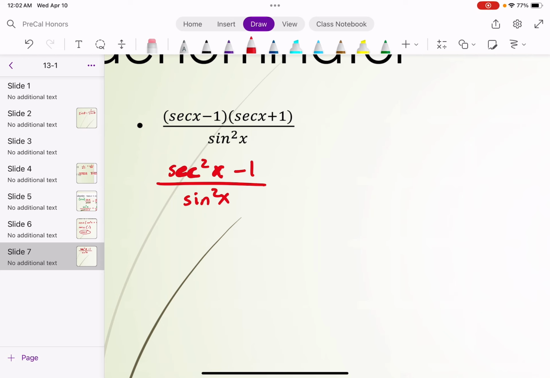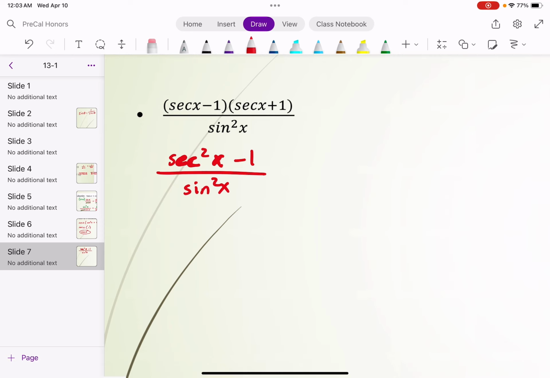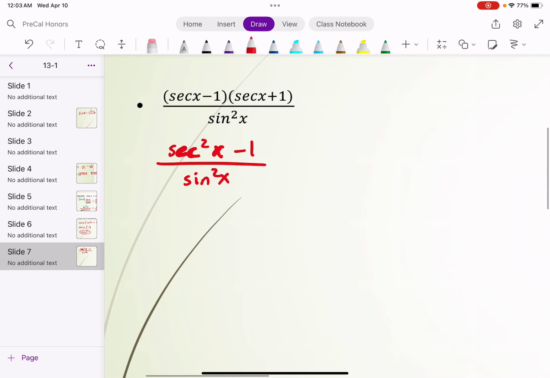Now we know that secant squared x minus 1 is actually equivalent to tangent squared x. So we're going to rewrite it: tangent squared x over sine squared x.